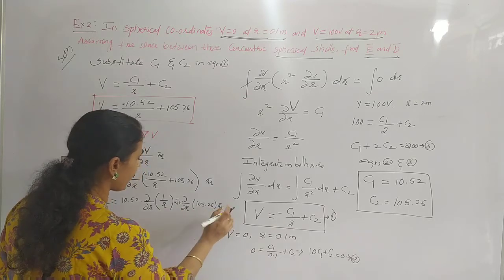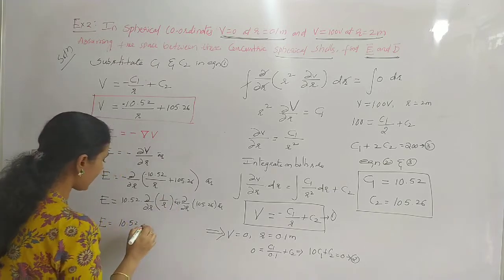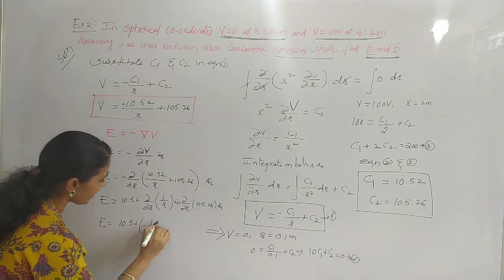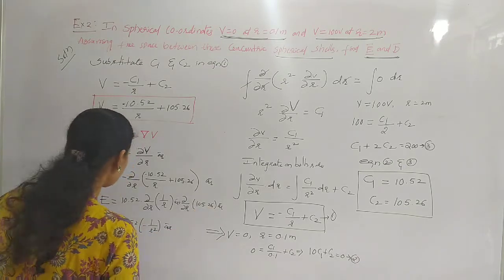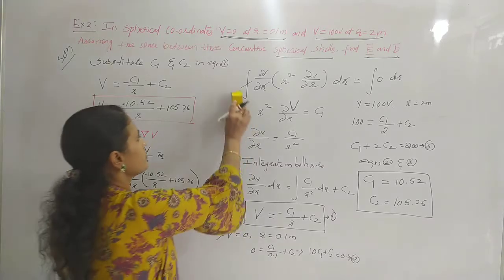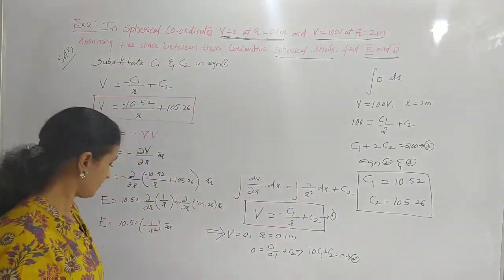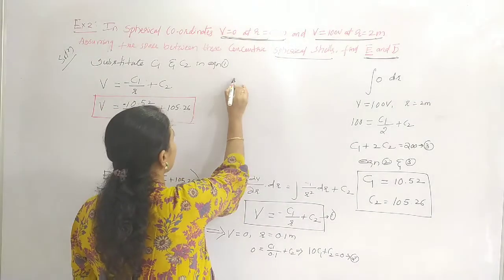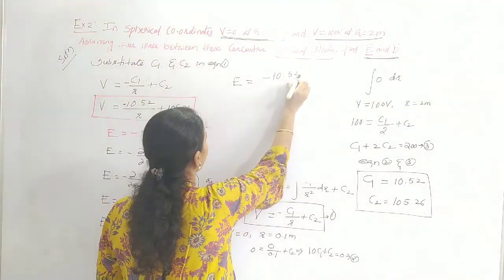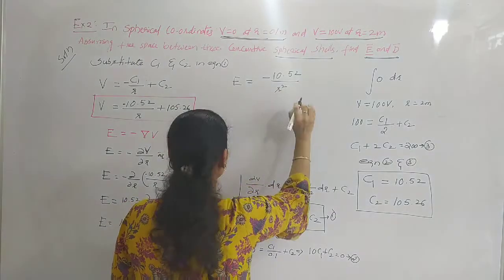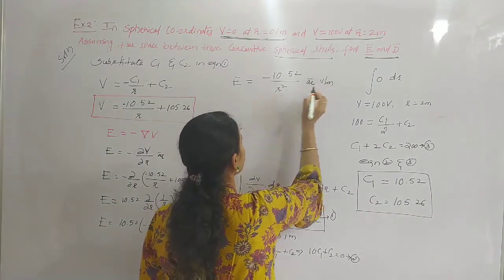Differentiation of 1 by R is minus 1 by R square into AR, and differentiation of a constant will become 0. So E we have got as minus 10.52 by R square into AR. So the unit is volt per meter.